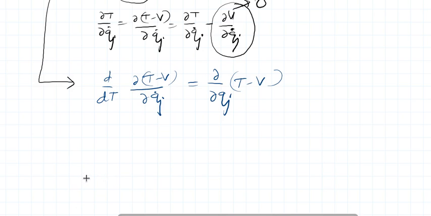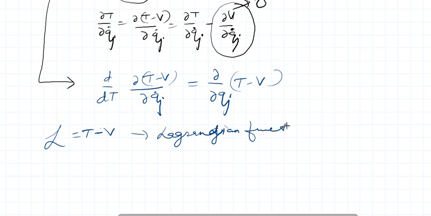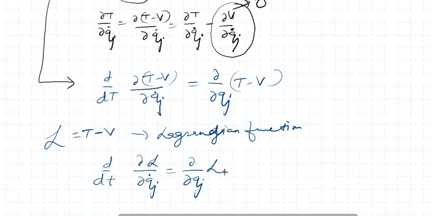And let us define a new term L, which is T minus V, and we call it the Lagrangian function. If I put it here, it tells me that d upon dt of ∂L/∂q_j dot must be equal to ∂L/∂q_j.